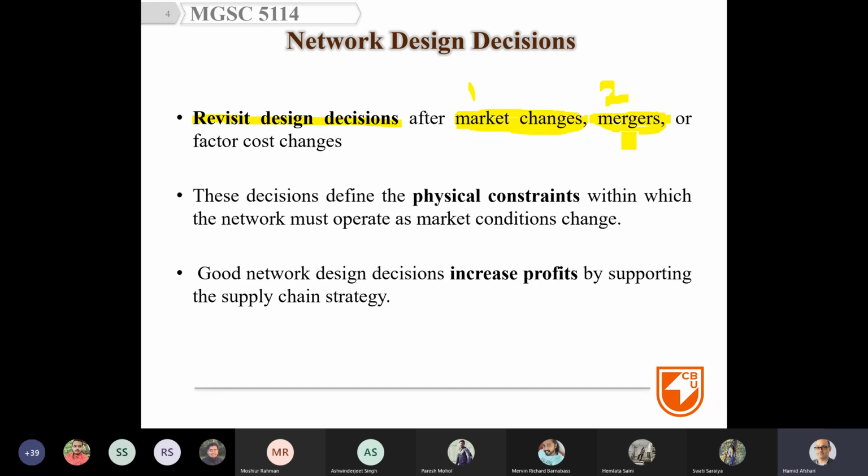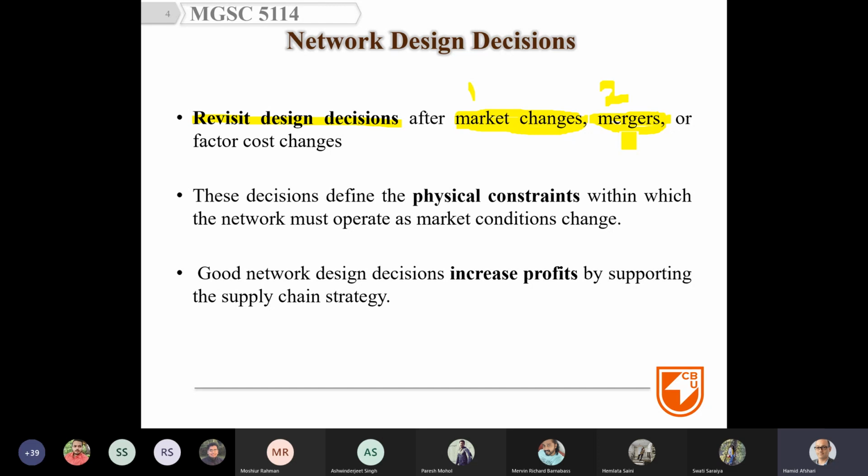Some years ago, maybe 5 or 6 years ago, Safeway and Sobeys decided to merge with each other so that they can share the market. Safeway is mostly supporting the west of Canada and Sobeys is mostly supporting the east of Canada. The owners are the same. They used to be separate, but they merged together and then decided to design a new network.